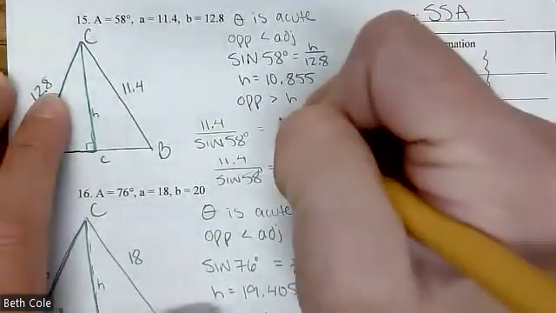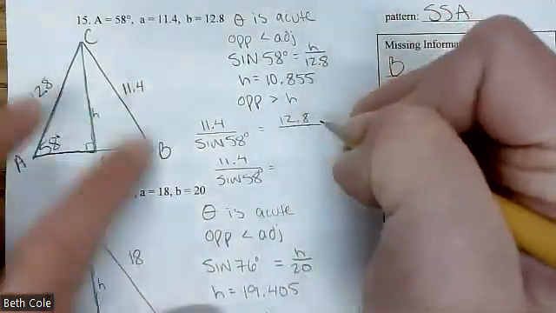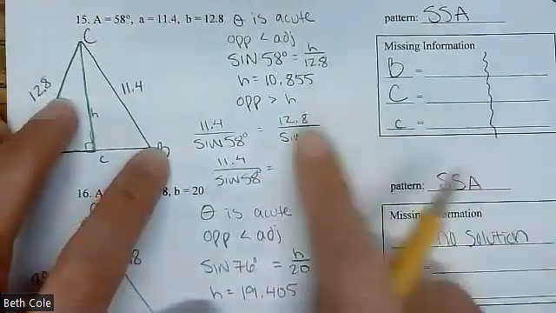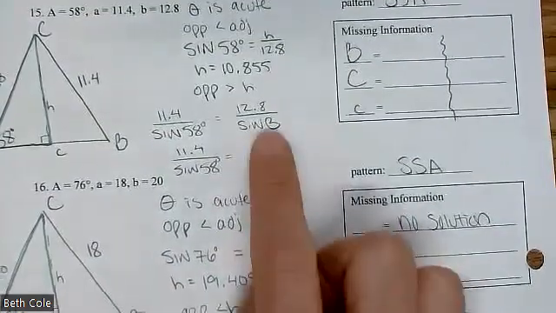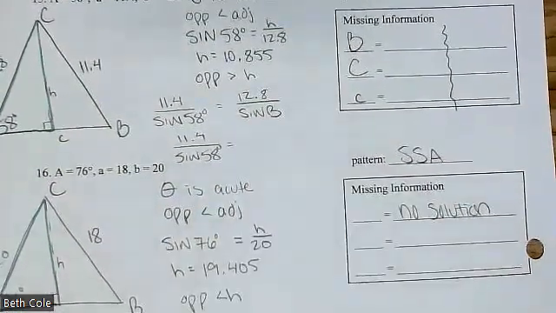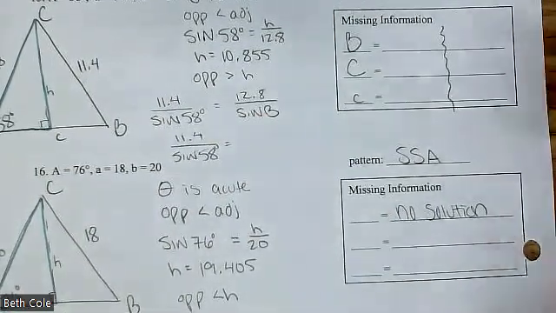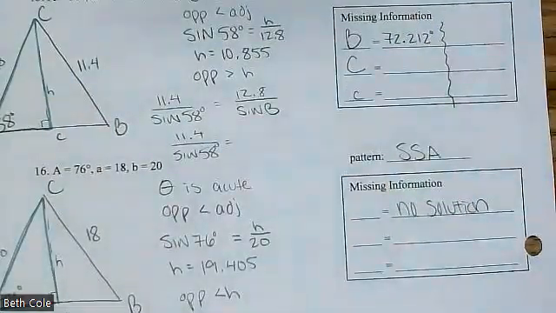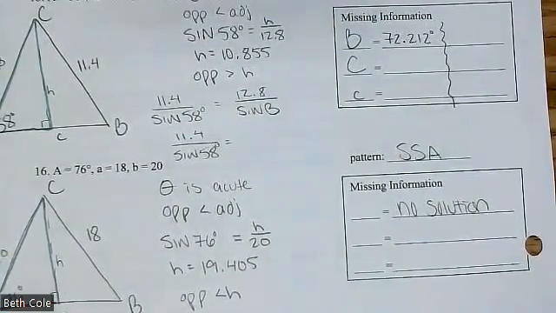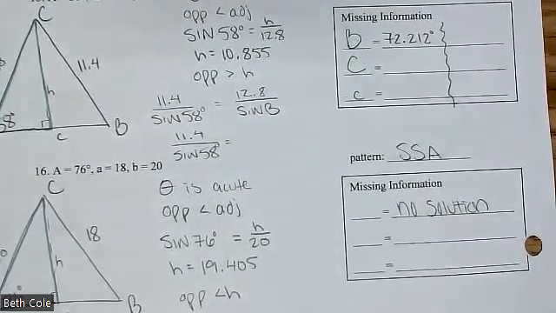All right, equals 12.8 over sine B. Go ahead and type it in. It'll be second sine to start out with because you want an angle. Yep, good.